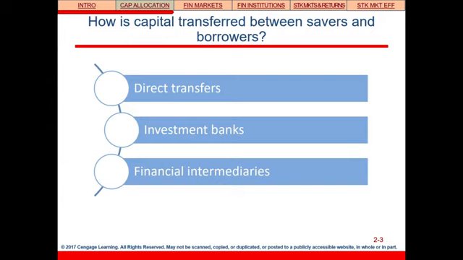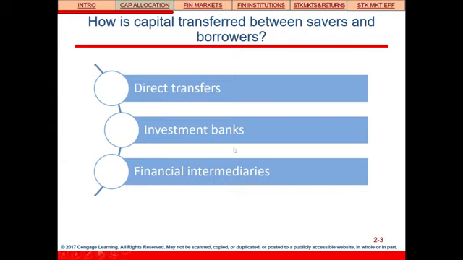The second way of capital transferring is through investment banks. This is like a corporation wants to become listed, wants to go through IPO. Then it first needs to find an investment bank. The investment bank will try to find an appropriate price for the company to issue its shares in the stock exchange, in the stock market.